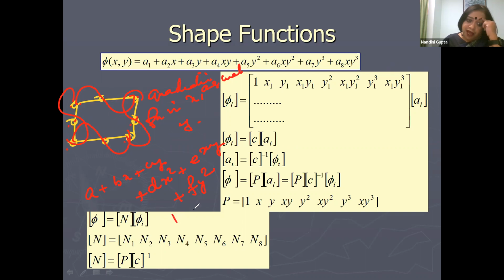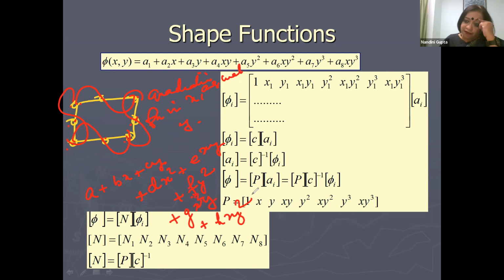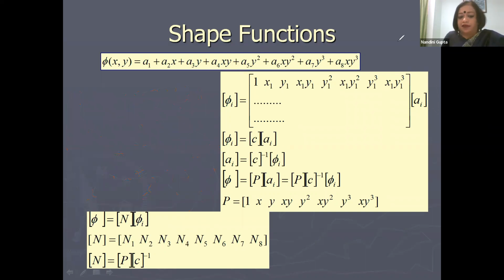You can maybe have XY square. You can probably do this. So yeah, so now once you do that, you can find the shape function.